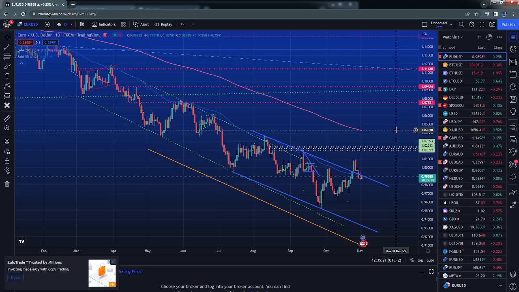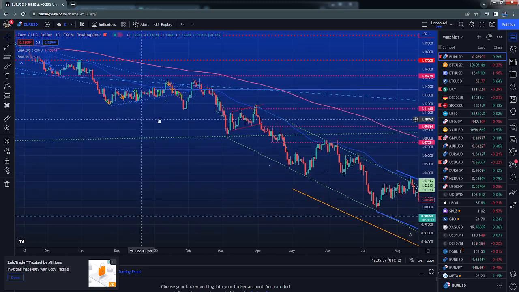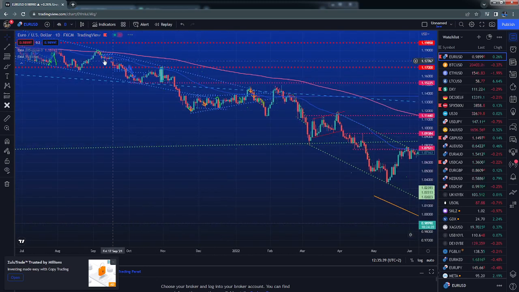It will open the way to test the 200-day moving average, currently at 104 and above. That has not been tested in many, many months. The last time was September, one year and 13 months ago.